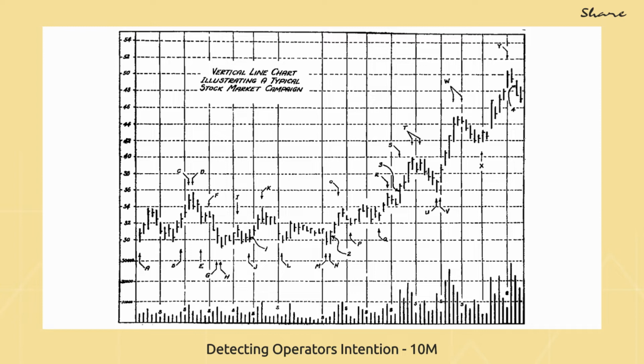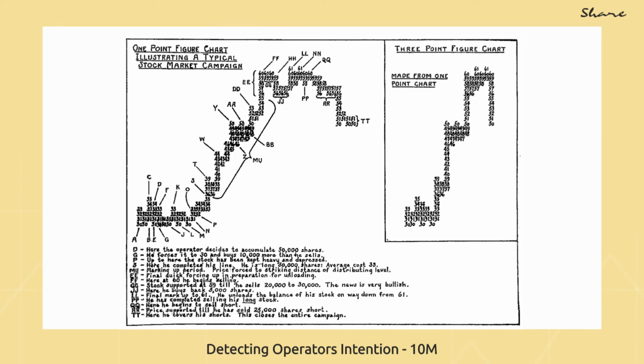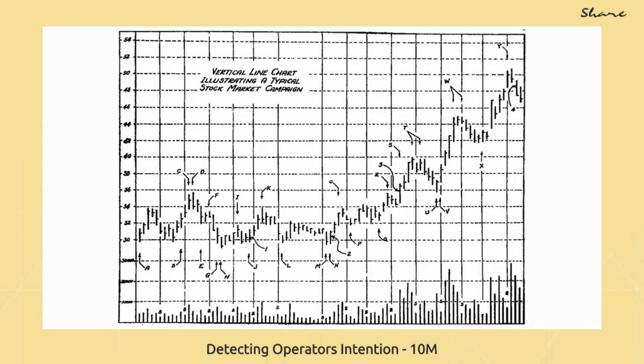On increasing volume, it rises 3 more points to 39 on the vertical chart. Then it reacts 3 points to 36, a halfway reaction from 33 on the figure chart, which is normal. You stand pat. There is still a light volume on the tape.